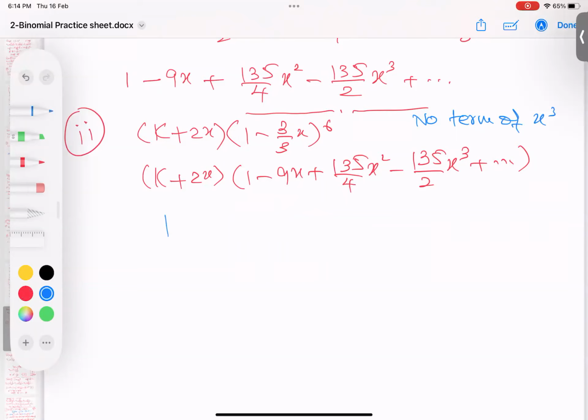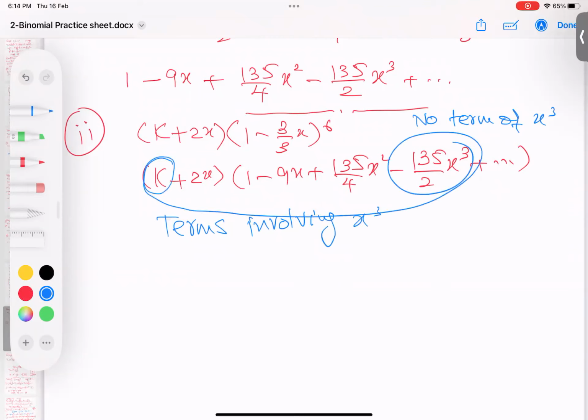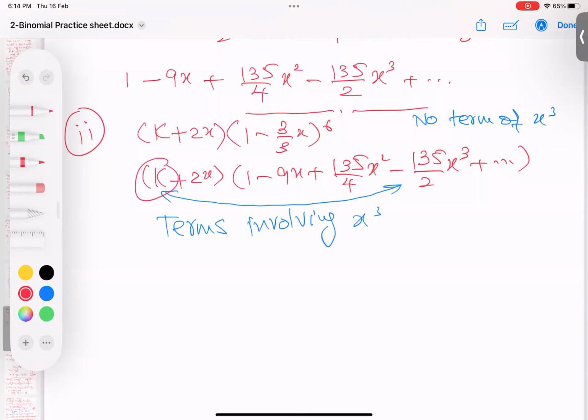Simple, right here, terms involving x to power 3. Now this constant multiplied with this term will give me x cube. So I'm multiplying this term with this term, and I'm writing k times negative 135 over 2 x cube.